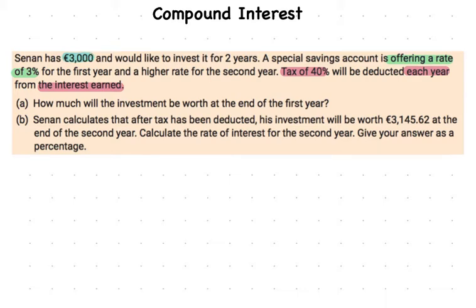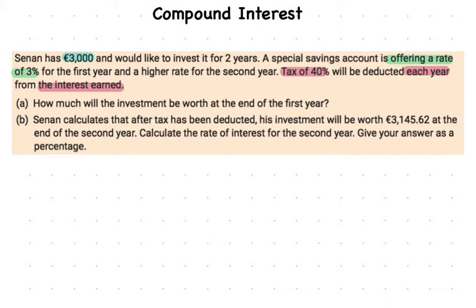Now, so another way of thinking about compound interest where we can't use the formula. So why can't we use the formula here? Well, there's going to be a change after the first year in 2 ways. The first year he invests the money, he earns some interest on that, it's 3%. He pays tax on that interest earned at a rate of 40%.